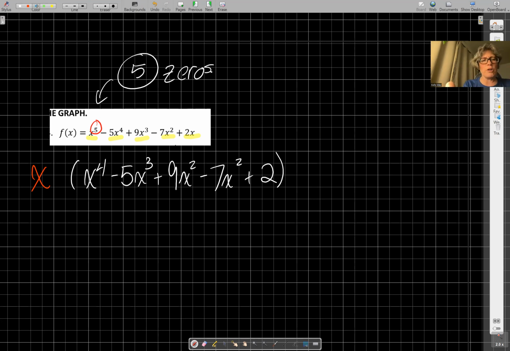So just as a reminder, what your rational roots are, that's going to be P, which is factors of the constant, over Q, which is factors of the leading coefficient.